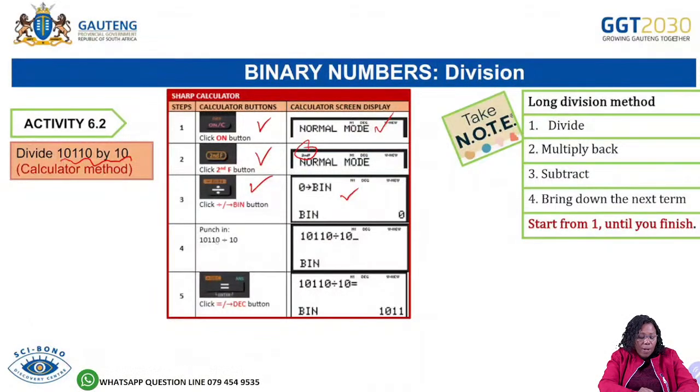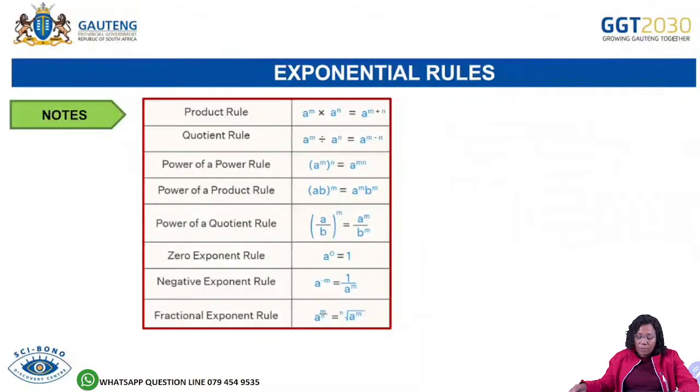That is 10111 divided by 10. It must show on your calculator with the binary there. If there is no binary, you must know your calculator is not on binary mode. And then equal sign, then it will give you your solution. That is 1011 base 2 is the answer with the calculator method.